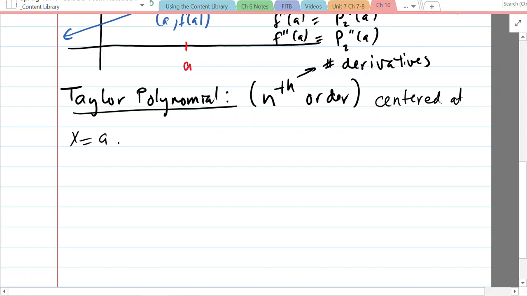So when you're talking about a Taylor polynomial, they have to tell you what order it is and where it's centered, and then after that, the function has to have n derivatives.